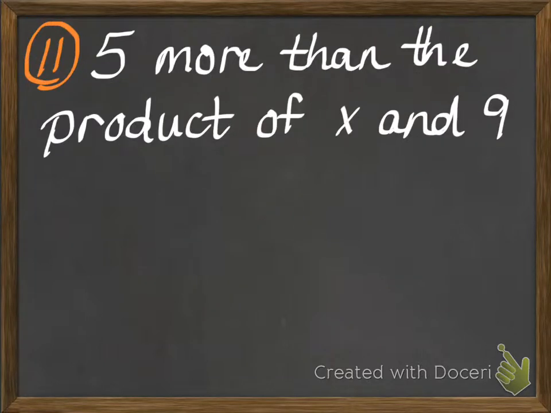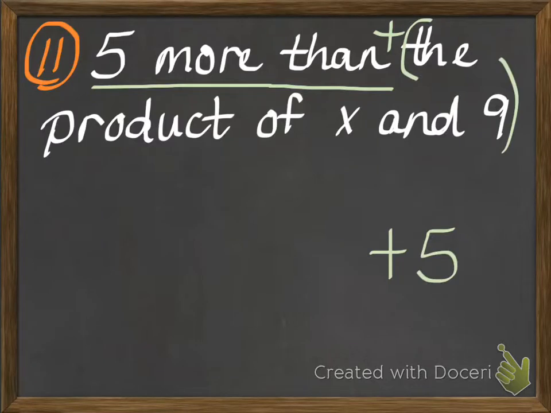Okay, number 11, 5 more than the product of x and 9. Okay, so again, they're telling you more than, which means addition, and that information needs to go at the end because you also have this section right here.